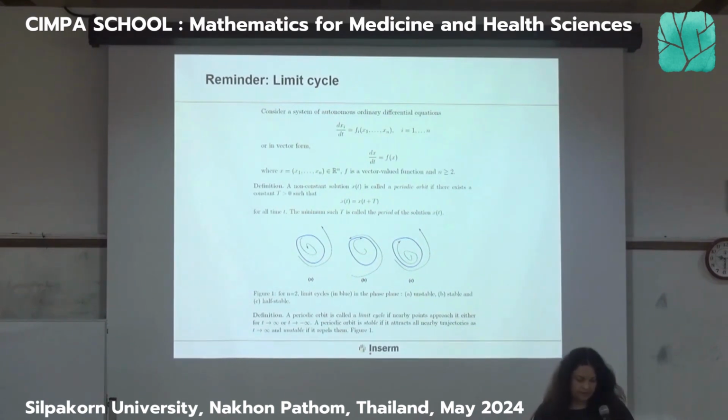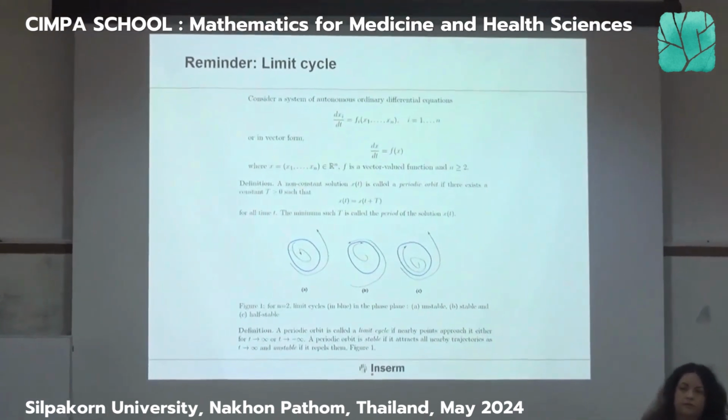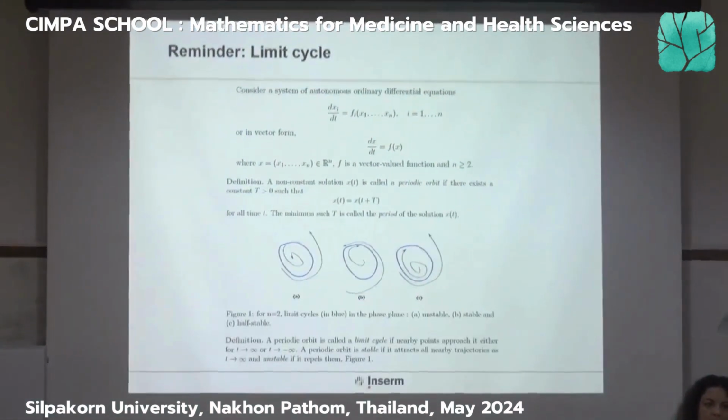And if you do have such orbits, which are depicted in blue here, and if these orbits attract the trajectories which are close to it, it's called a limit cycle. If it attracts them at t equal plus infinity, it's stable. And if it attracts the trajectories at t equal minus infinity, it's unstable.